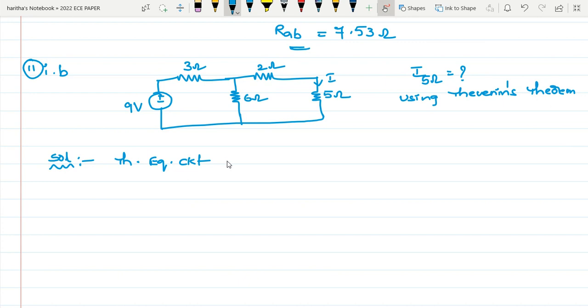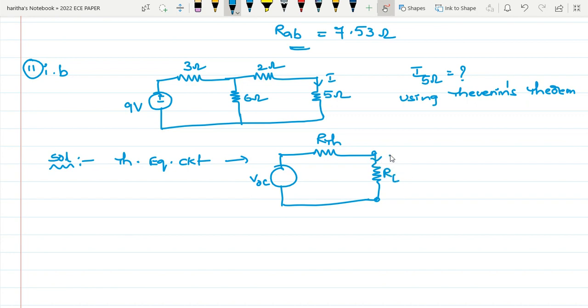Thevenin's equivalent circuit consists of R Thevenin, VOC, that means open circuit voltage, and the series combination of these two is connected across a load resistor RL. Now the current passing through this RL, the load current IL, you can find out using the formula VOC by R Thevenin plus RL.